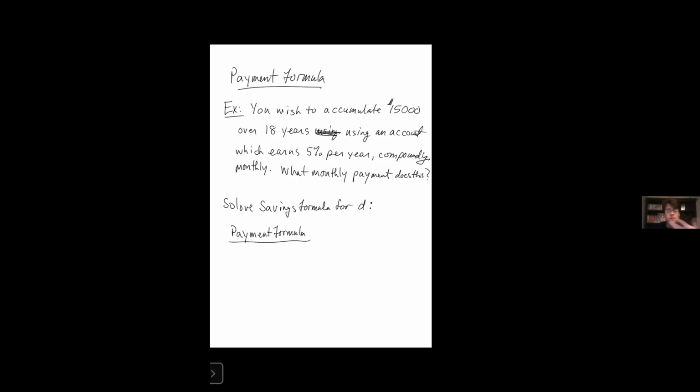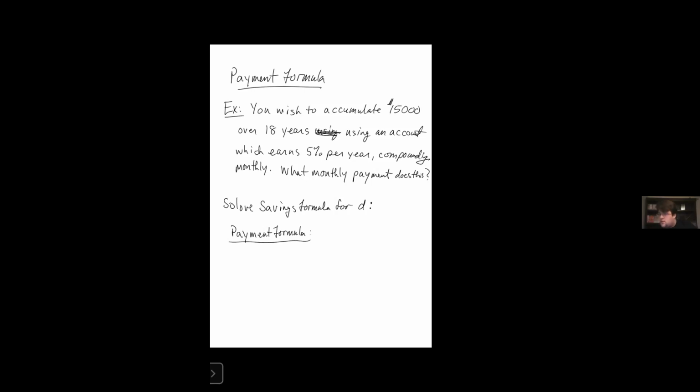Or just flip the fraction around and multiply both sides. So the payment formula, the variables are the same setup as the savings formula because it's the same formula, just rearranged. So I'll just write the formula here.